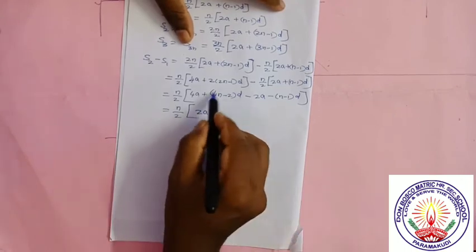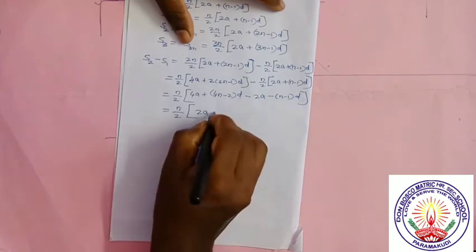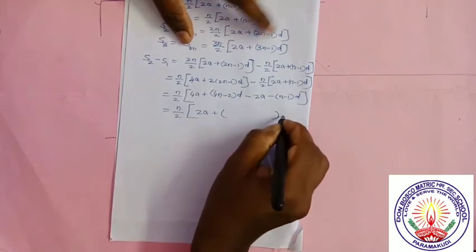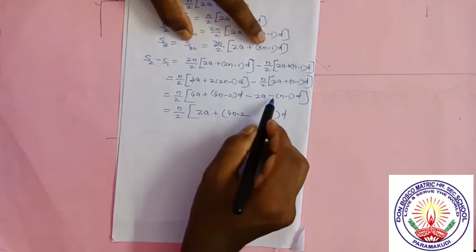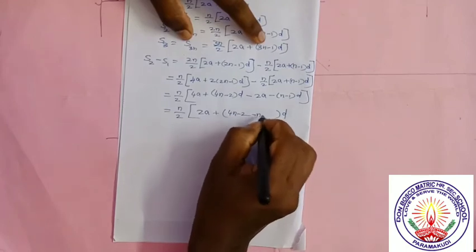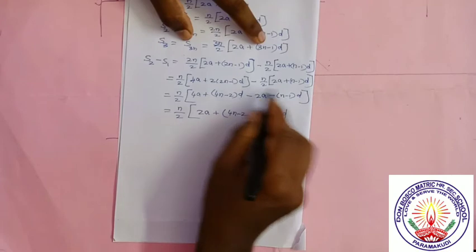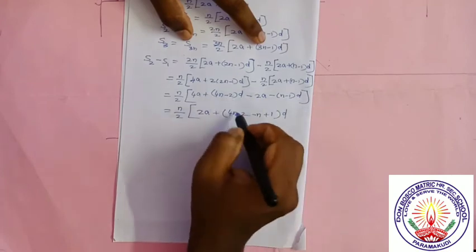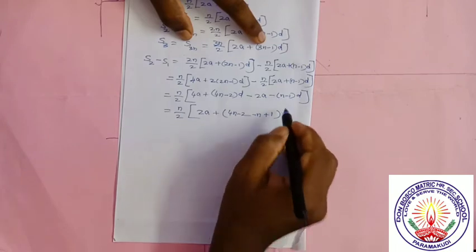Now this term is a d term, this is also a d term, so we can take d as common. Here, what is remaining? 4n minus 2, and minus n minus 1, bring this minus inside, minus n plus 1. So we have taken d outside: 4n minus 2 minus n plus 1.